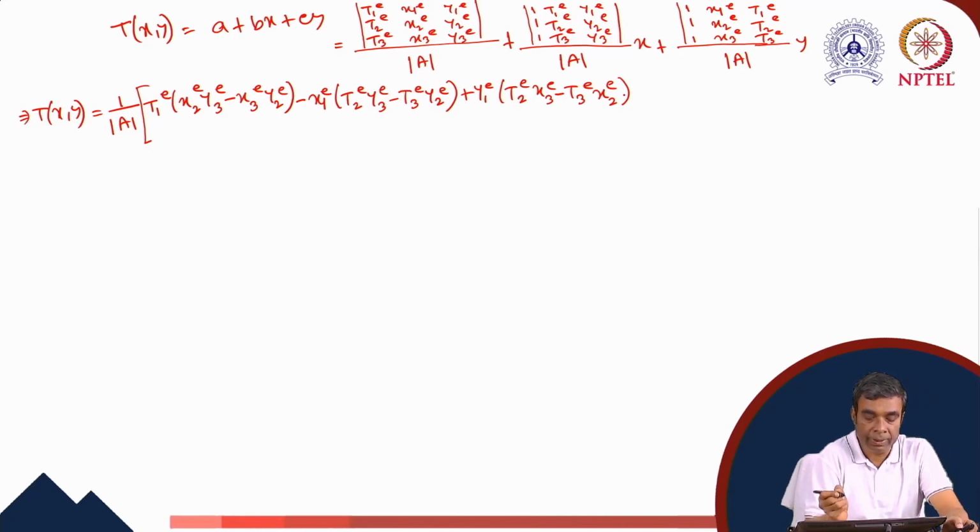So this is the constant part of A. Next contribution is Bx.